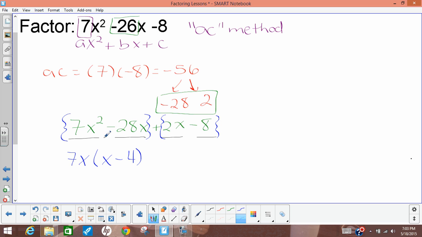So 7x squared divided by 7x is x, and 28x divided by 7x is negative 4. For 2x and negative 8, we can factor out a 2. So one factor is going to be 2. 2x divided by 2 is just x, and negative 8 divided by 2 is negative 4.